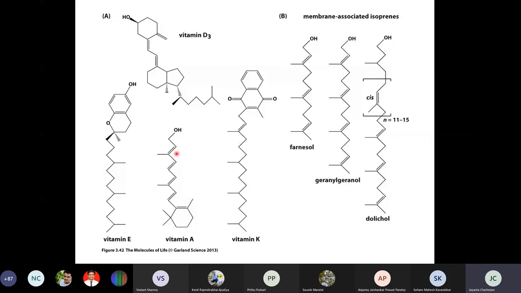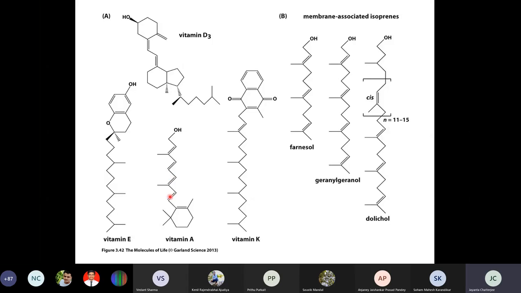You have this conjugated double bond because it's associated with the chromophoric properties of these molecules. So you do have the presence of vitamin A, but definitely this molecule is not predominant in the membrane. There is some percentage of this molecule present in the membrane. I don't know what exact percentage and which membrane. Most plasma membrane has it present.